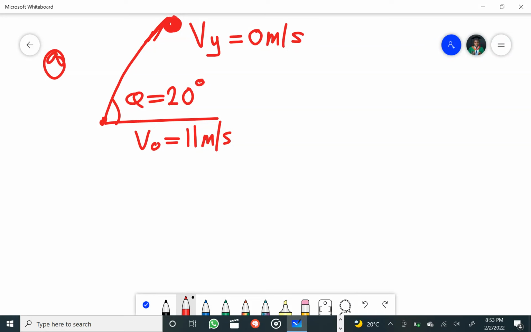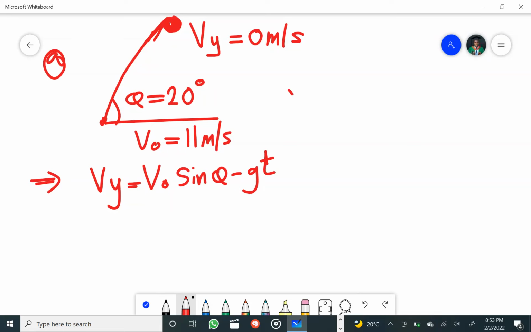So what you're going to do is get the equation for vertical velocity, equate it to 0, and then solve for time. The equation for velocity is this: initial velocity times sine theta minus gt.